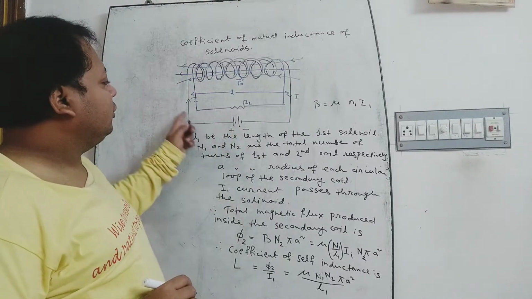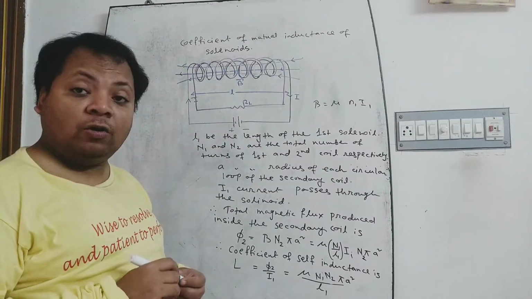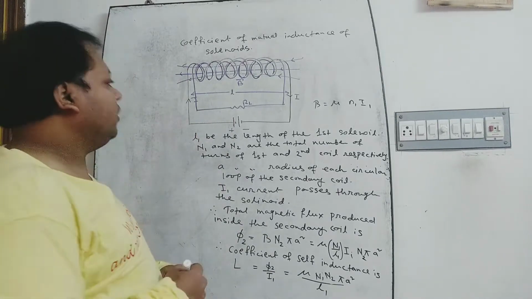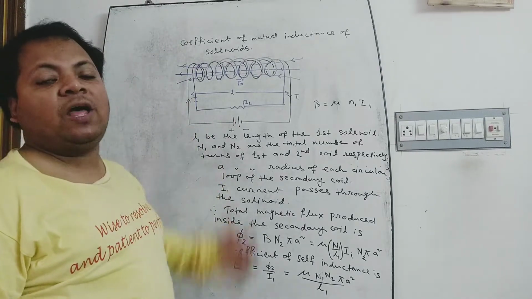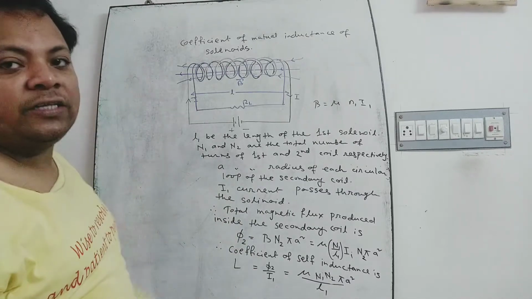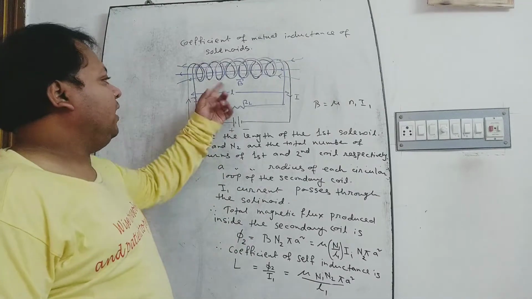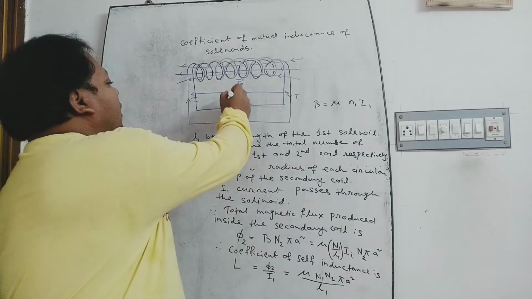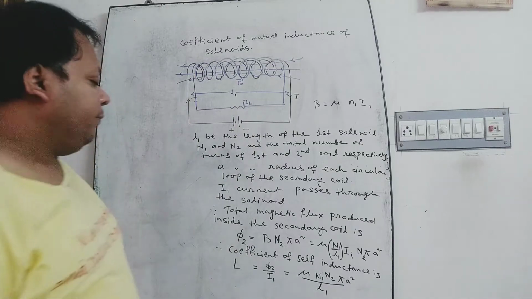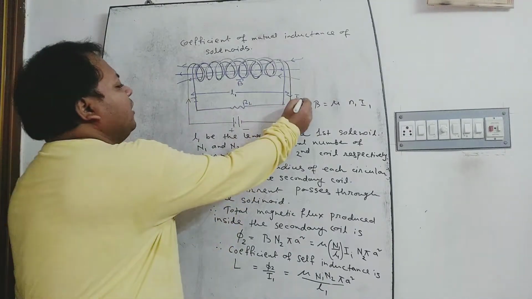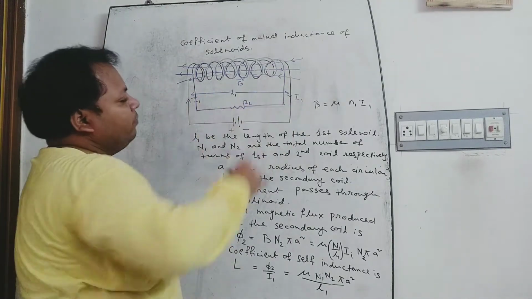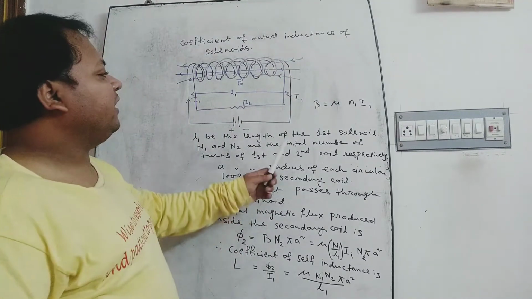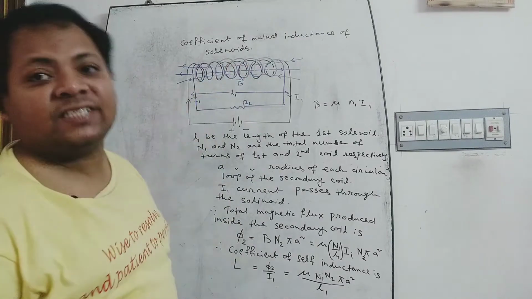The first solenoid is known as the primary coil and the second solenoid is known as the secondary coil. The total number of turns of the primary coil is N1 and the total number of turns of the secondary coil is N2. l1 is the length of the primary coil and I1 current passes through the primary coil. Small a is the radius of each circular loop of the secondary coil.